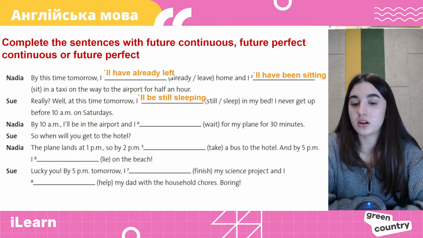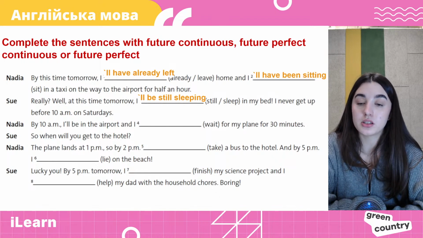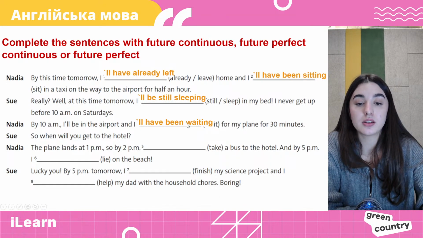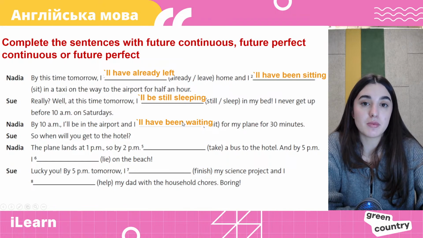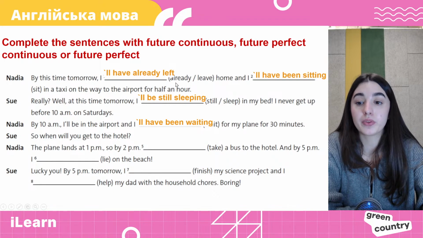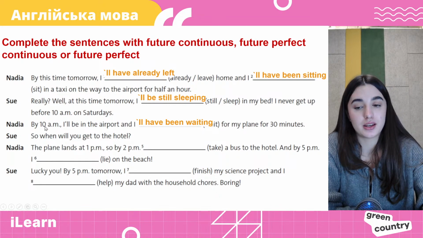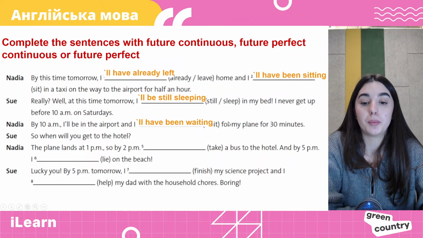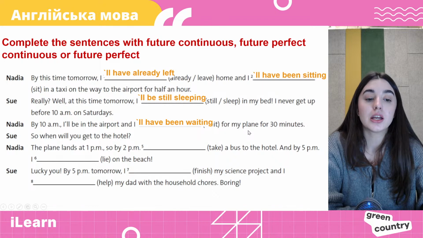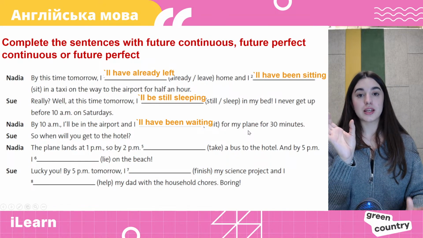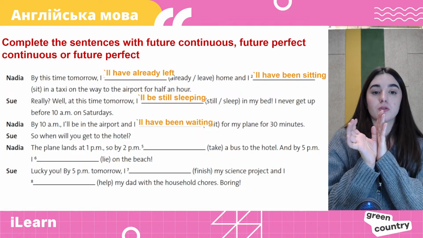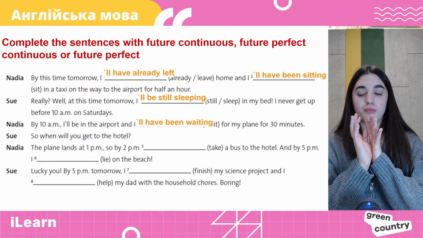So, are there any options? We'll be waiting. Okay, let's see. I will have been waiting because here we have the same example as we had in number 1. By this time, by 10 a.m. I will be sitting for half an hour. I will be waiting for 30 minutes. So when we have duration till some moment in the future, you need to use future perfect continuous.